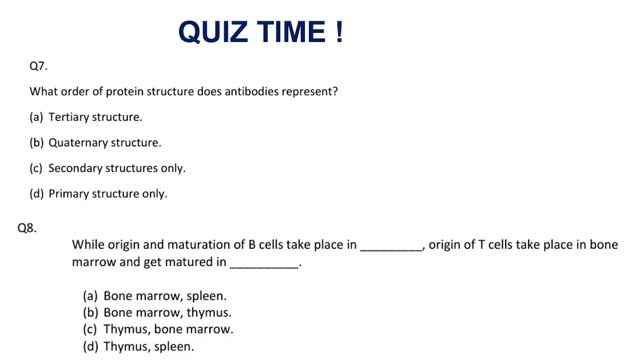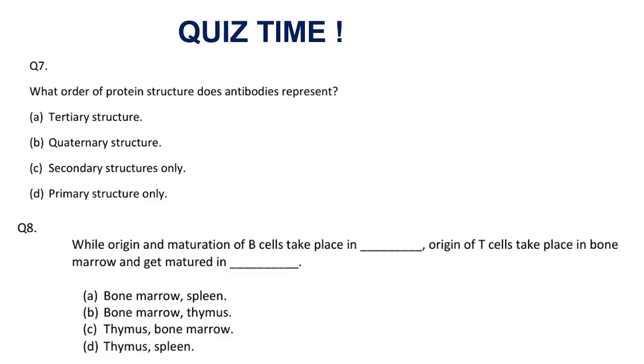Okay. The next one: while origin and maturation of B cells take place in the dash, origin of T cells takes place in the bone marrow and they mature in dash. So what are these two blanks?